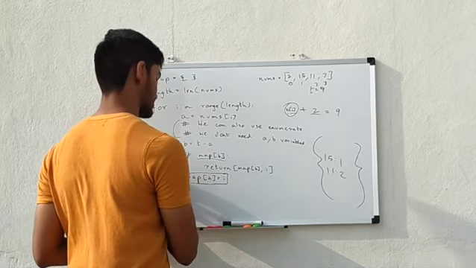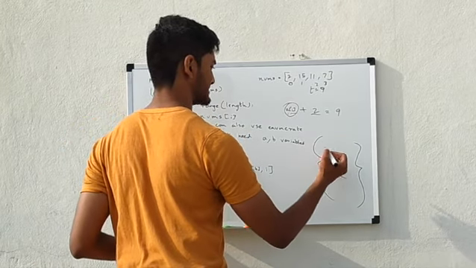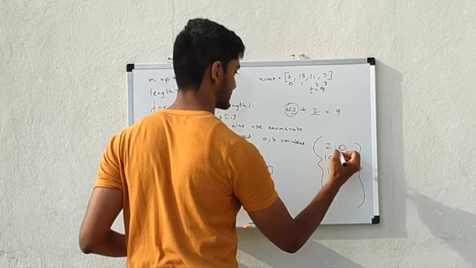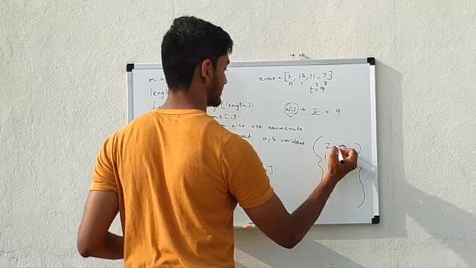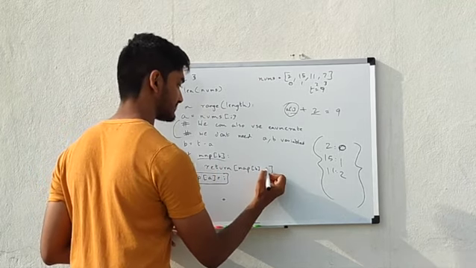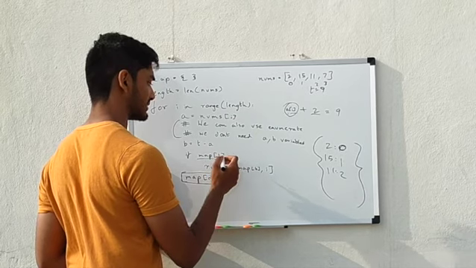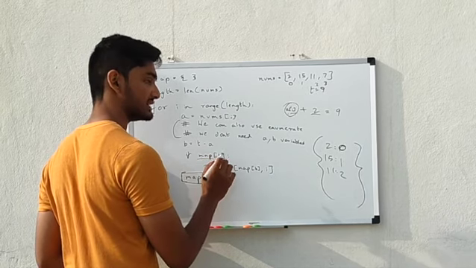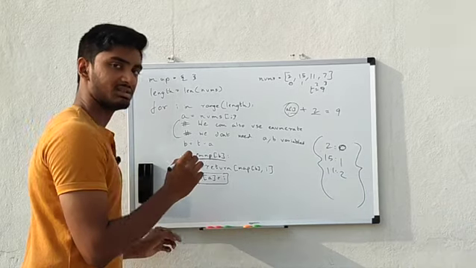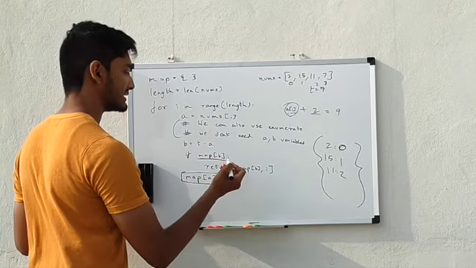In order for 2 to even be there, it should have a value. So why not, instead of storing the value of 2 as 1, just store the index, so that we don't have to look up the index again when we need to return it. That's why we're not writing if map of b is not equal to 0 or greater than 0. We're just writing if map of b is there. Does it even exist? That's all we're concerned about. If map of b exists, we don't even need to look at anything else.